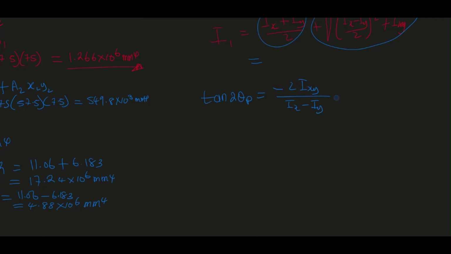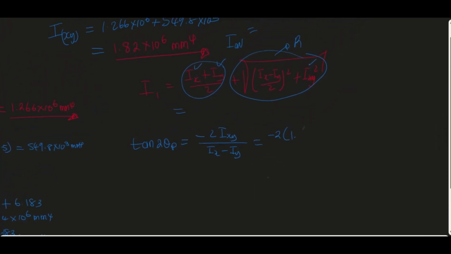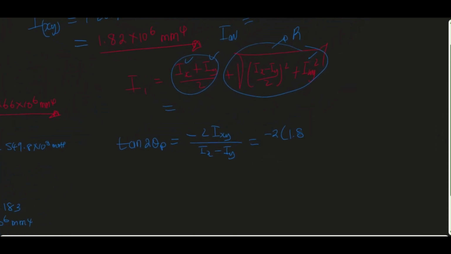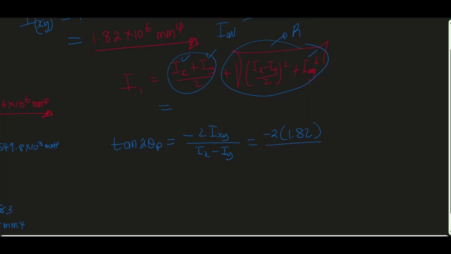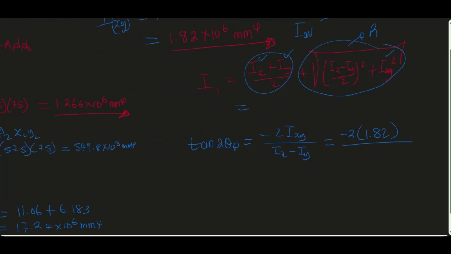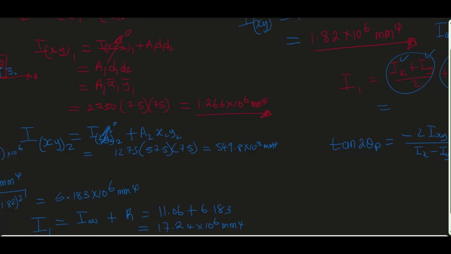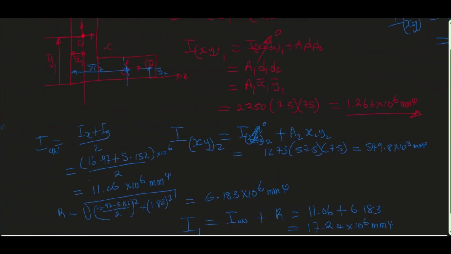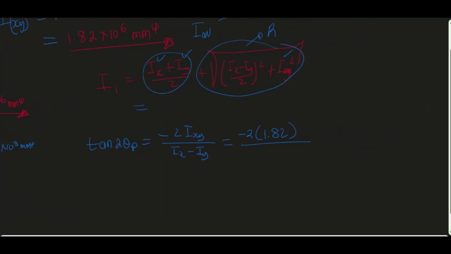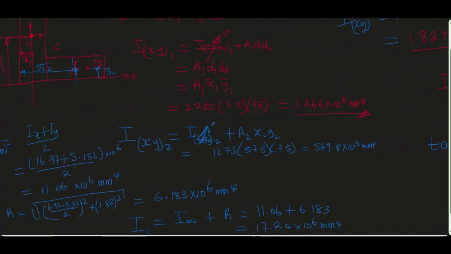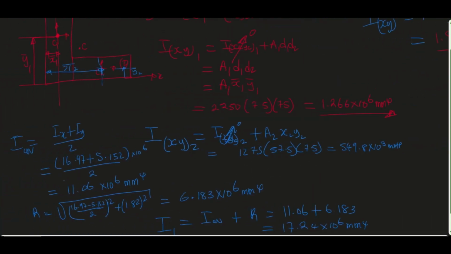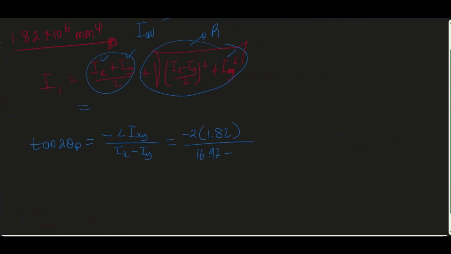Okay, so minus 2, what is Ixy? It's 1.82, divided by 16.97 minus 5.152.